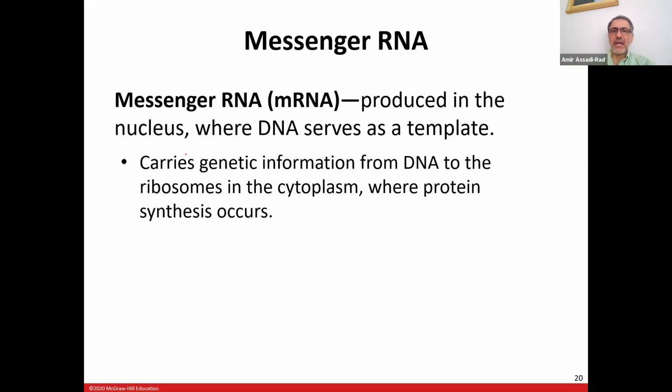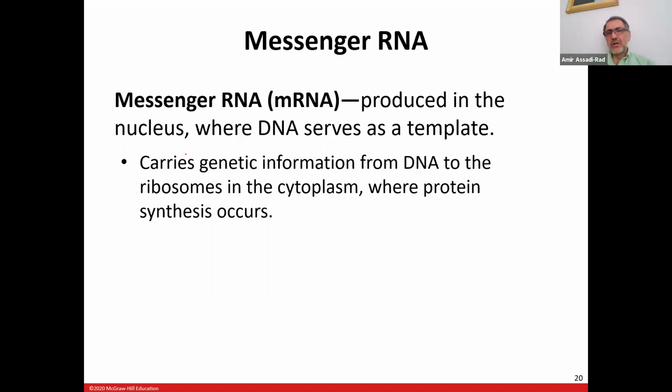Messenger RNA, or mRNA: when DNA separates, now I'm getting into how protein molecules are going to be synthesized based on DNA. That's the next step of this chapter.